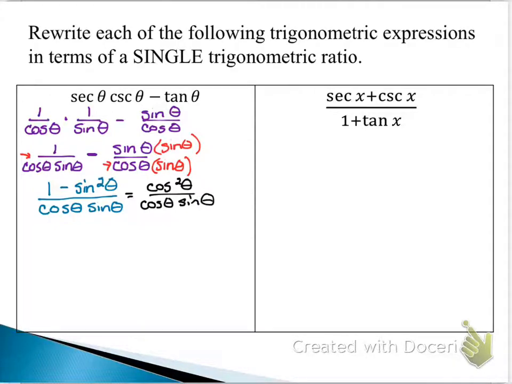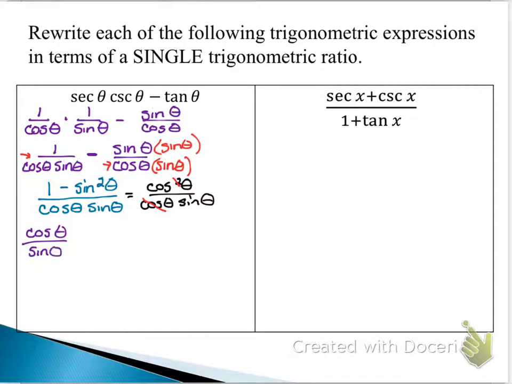All right. And this in turn cancels the only one of them. So then we would end up having something along the lines of cosine theta over sine theta.